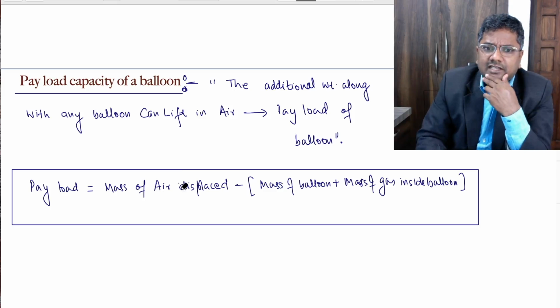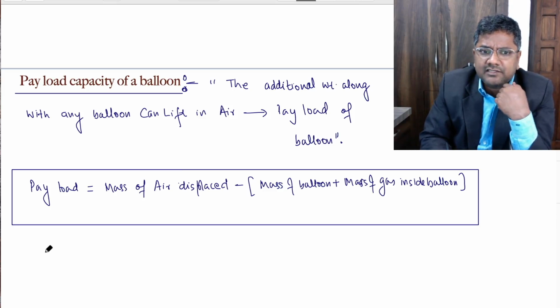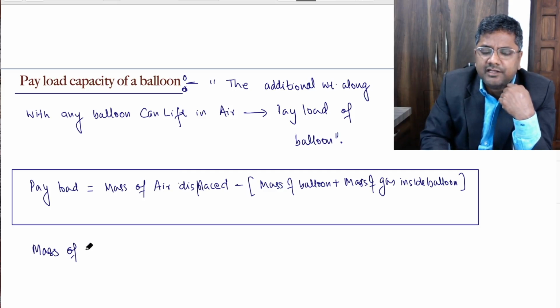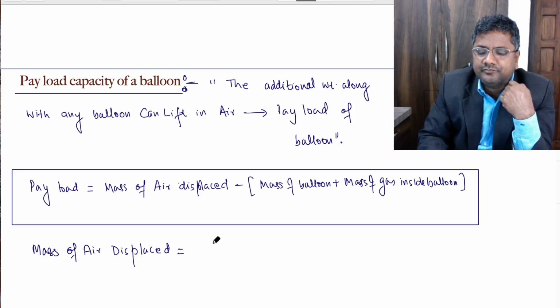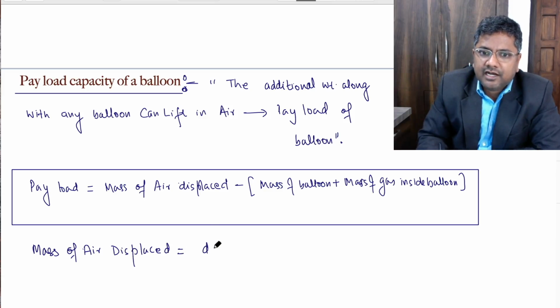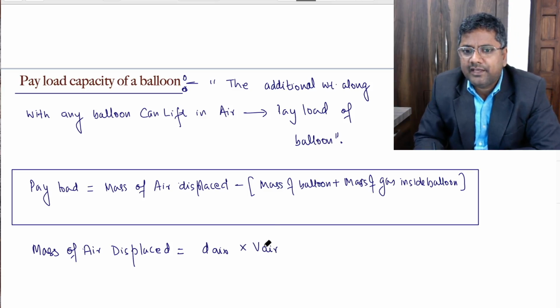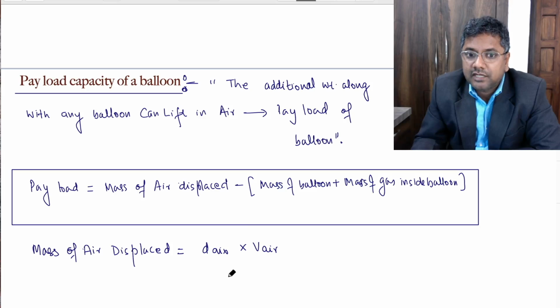And mass of air displaced, how to calculate it? Mass of air displaced is equal to density of air into volume of air. And the volume of air is basically the volume of the balloon, right?